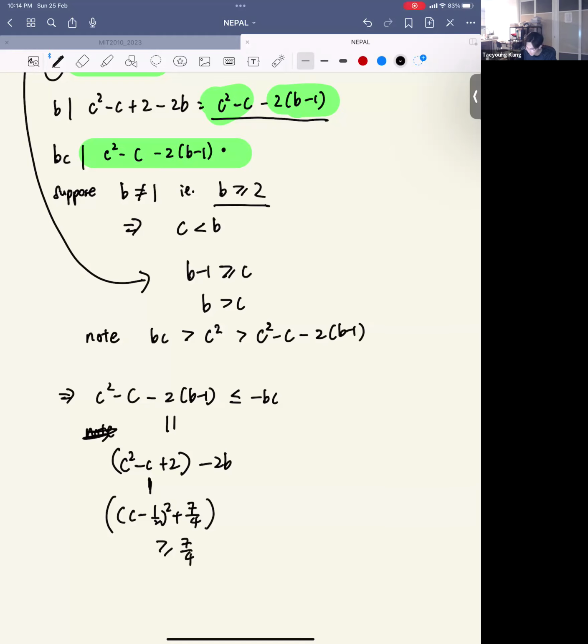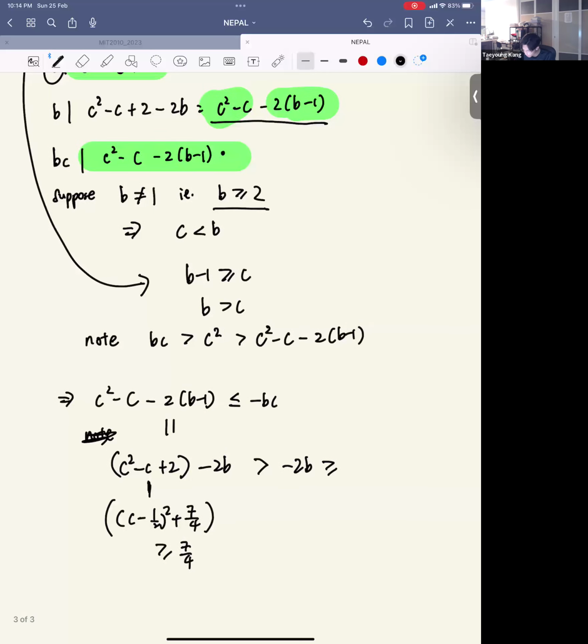So this is less than or equal to minus 2B, which is clearly larger than or equal to minus BC, right? So this cannot hold since these two are equal, but we have a strictly larger than sign here. There's no equality.